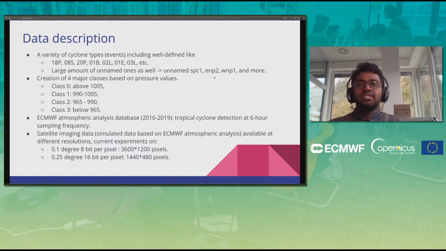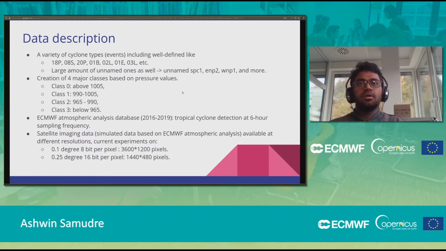So we decided to change these classes into 4 major classes based on pressure values. Class 0 is for pressure values above 1005, and accordingly class 1, class 2, and class 3. We can observe that the majority of the cyclones are in class 0, and as we go towards class 3, the frequency of cyclones goes down.